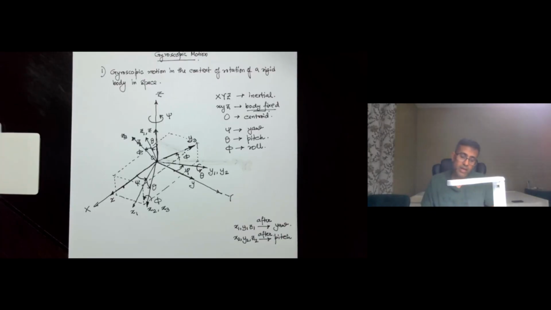All right. So at the end of these three rotations, the rigid body would have taken a new rotated configuration. Now, these angles are also called Euler angles. And by the way, I should point out x3, y3, z3 is after roll.